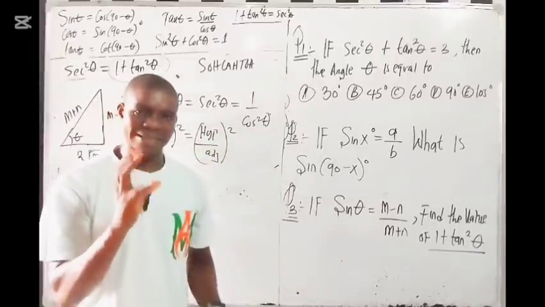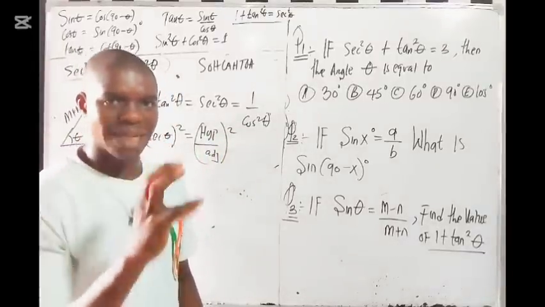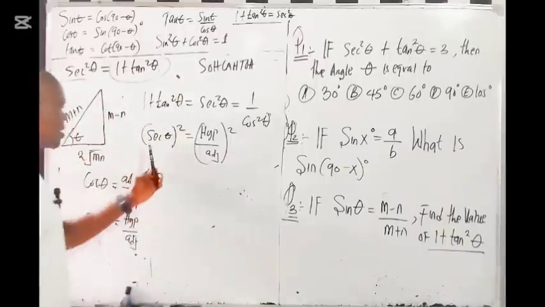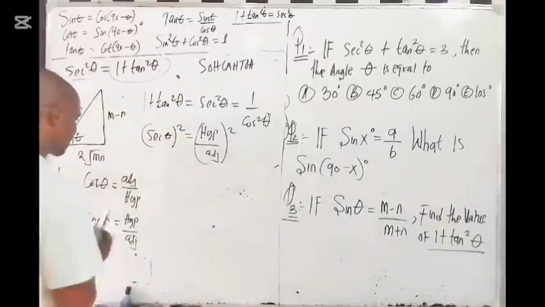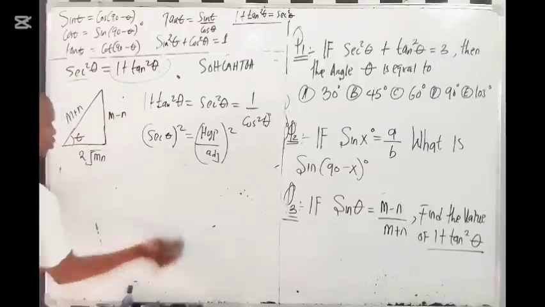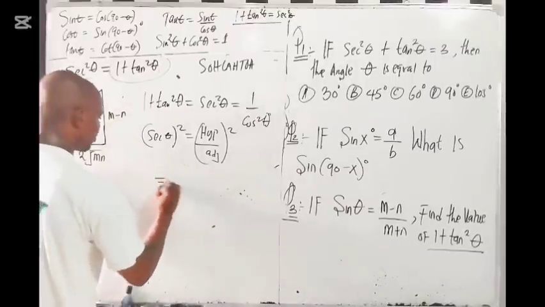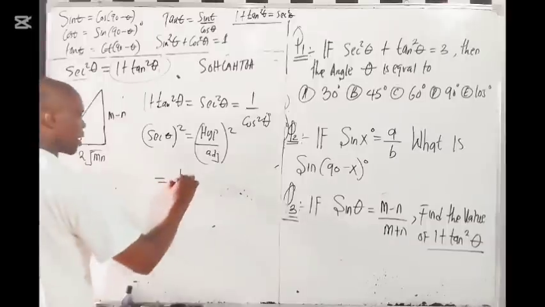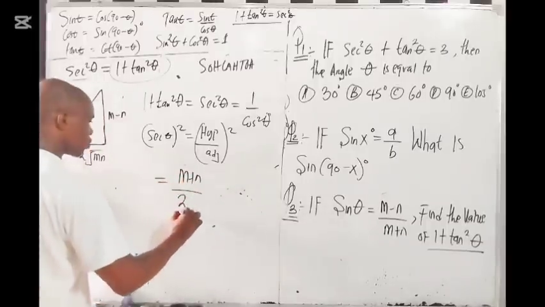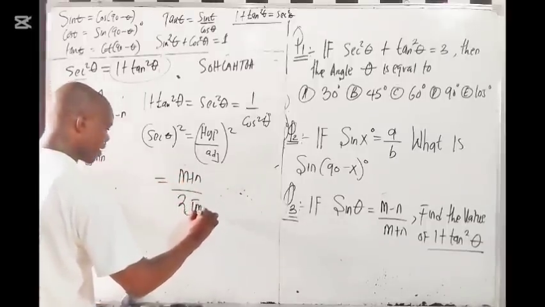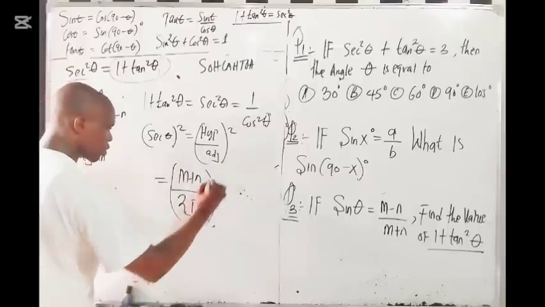You have to understand this step by step to understand the process. Right? Sec theta squared equals hypotenuse over adjacent squared. So what is my hypotenuse? My hypotenuse is m plus n over 2 square root of mn, all squared.